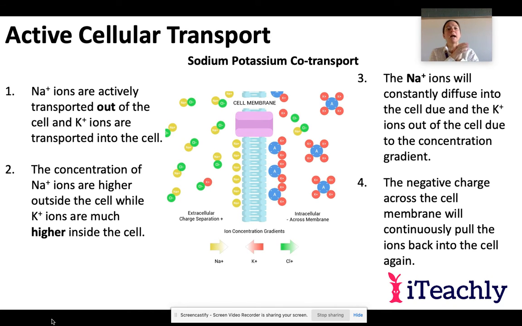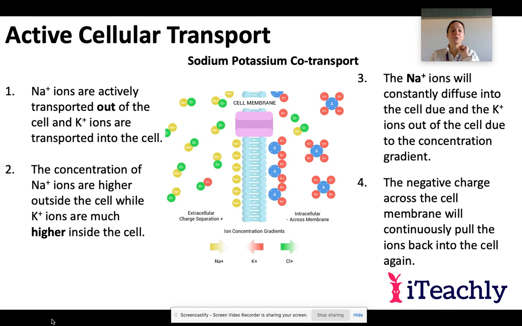So sodium ions are actively transported out of the cell, and the potassium are actively being transported into the cell. Because sodium and potassium are ions, they have their charge. Potassium has a positive charge, sodium has a positive charge.